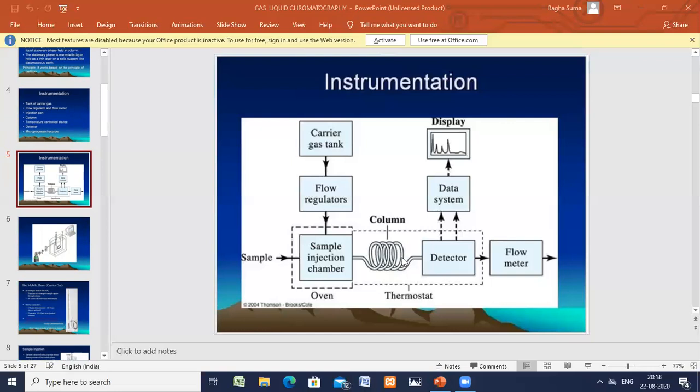At the stationary phase, these are then eluted by fresh carrier gas. Each component solute travels at its own rate through the column, leading to the resolution of the bands.